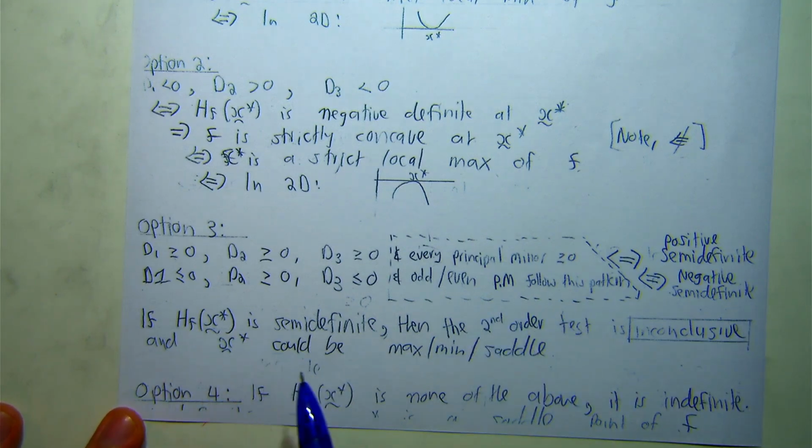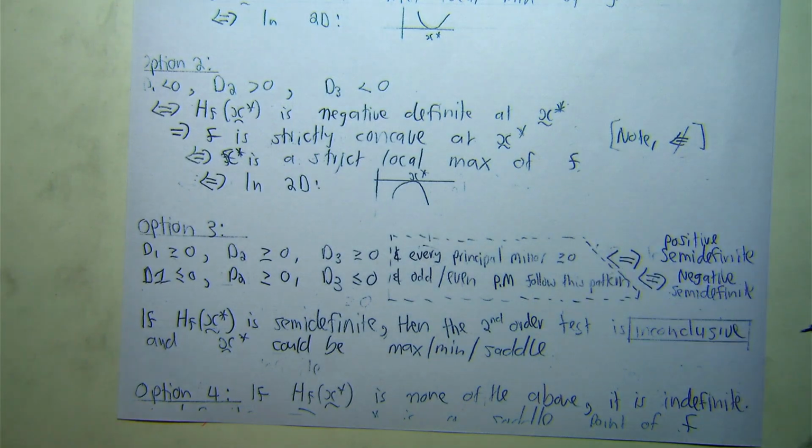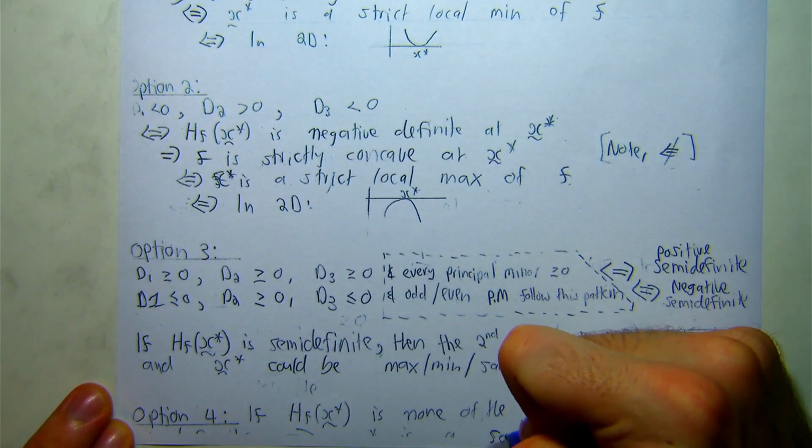And if H is semi-definite, then the second order test is inconclusive. So if you get any of these ones above, then we can't use the second order derivatives to tell if it's max or min. And then the fourth one is that if it's none of the above, then the Hessian matrix is indefinite, and that makes it a saddle point.